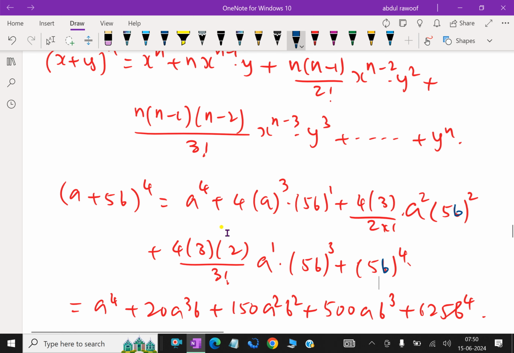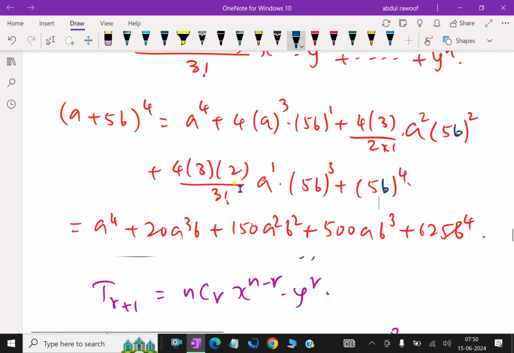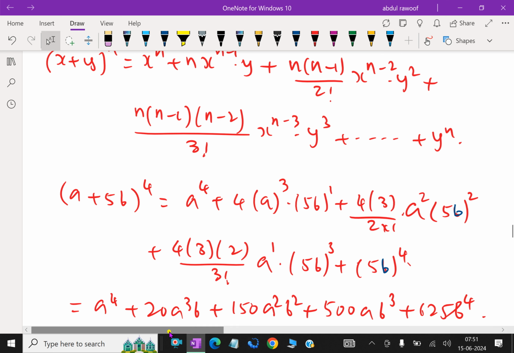Then simplifying, which gives a power 4 plus 20a cubed b, because 5 into 4 is 20. And here 4 into 3 by 2, that is 6, into 5 square, which is 25. 25 into 6 is 150, a square b square.